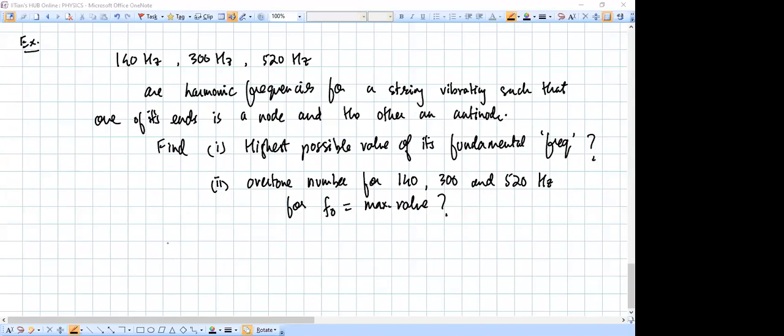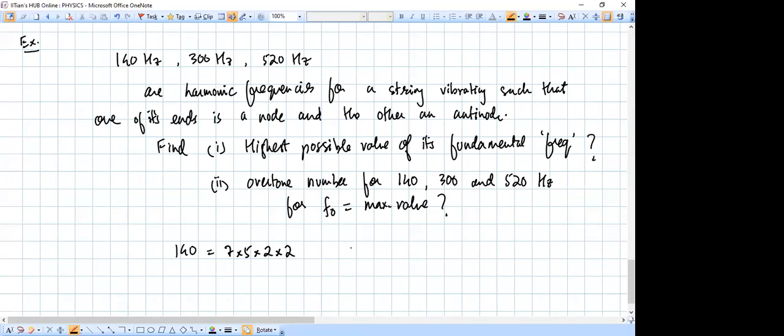Okay. So 140, for example, can be written as 7 into 20, or 5 into 28.